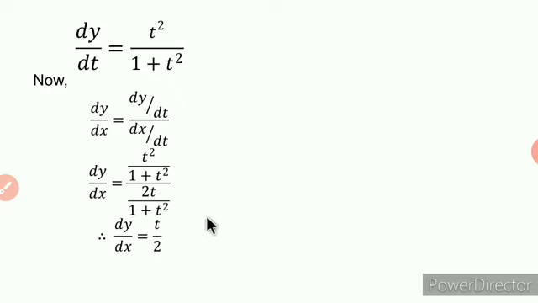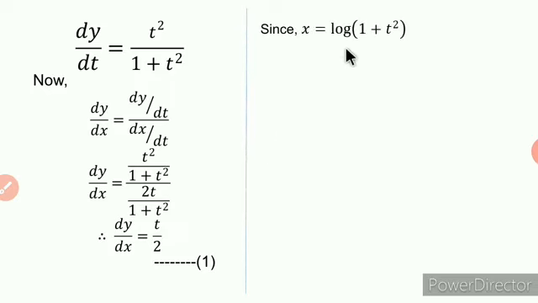Now here we call this relation number 1. Now since we are given x is equal to log of (1 plus t square), e raised to x is equal to 1 plus t square, means t square is equal to e raised to x minus 1.